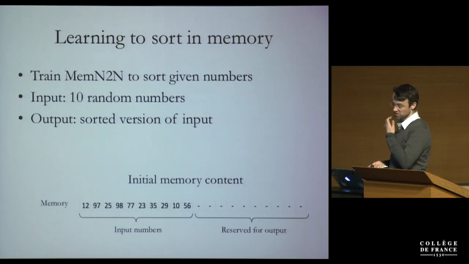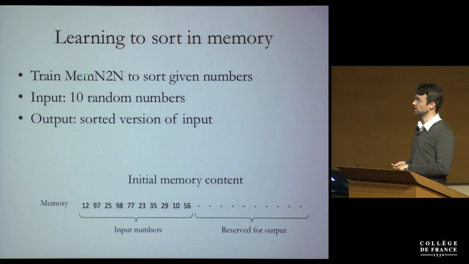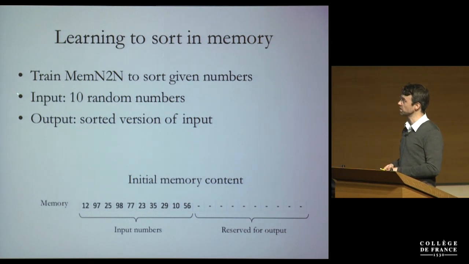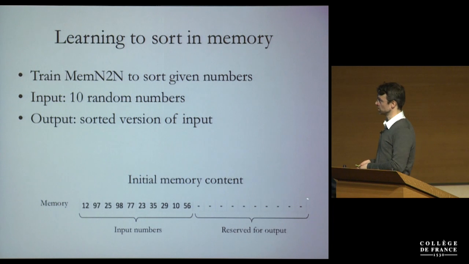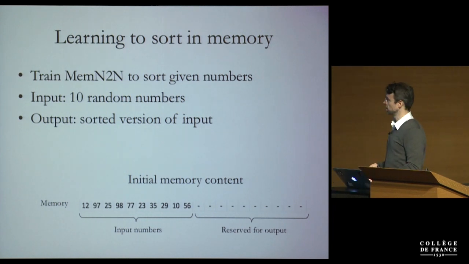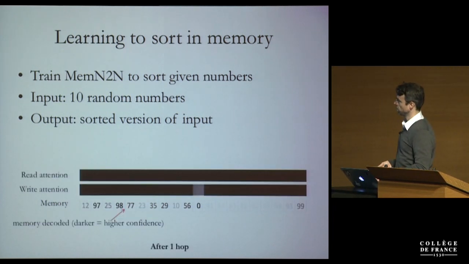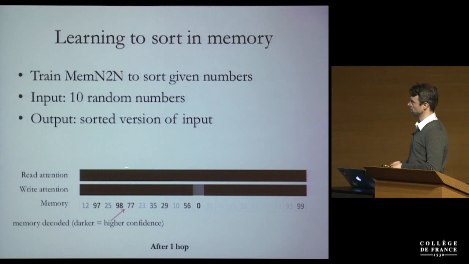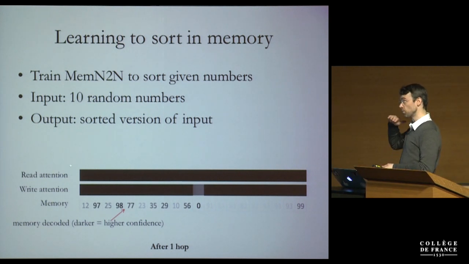So you can do some interesting things, like get it to sort small sequences of numbers. In this case, we start off with certain numbers loaded into one portion of the memory, and then we have another portion of the memory that we use for output. There are now two attention vectors: one for reading different parts of the memory, and one for writing.